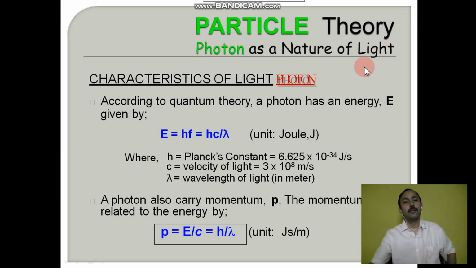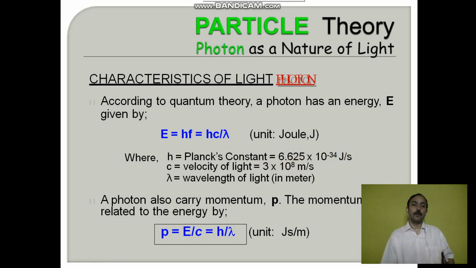So already we have discussed photon, its energy is hf, it is equal to hc by lambda, its unit is joule. H is the Planck's constant, its value is 6.625 into 10 to the power minus 34 joule second. C is the velocity of light, which is equal to 3 into 10 to the power 8 meter per second.